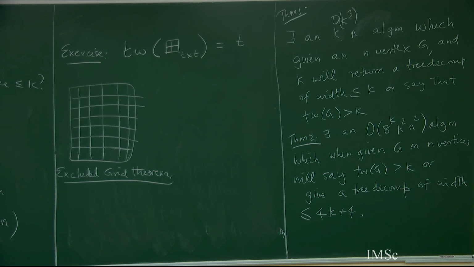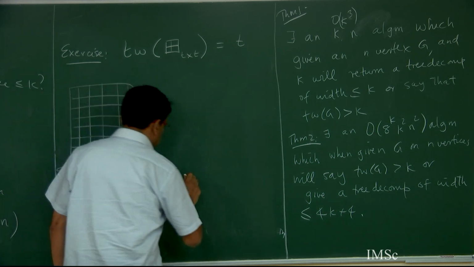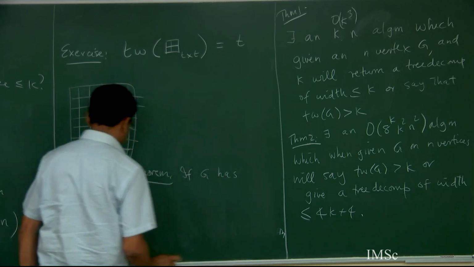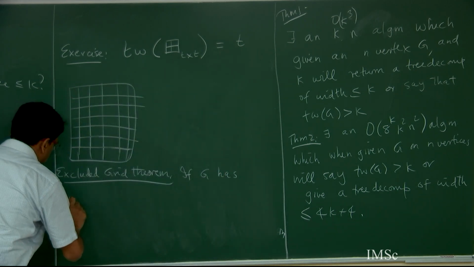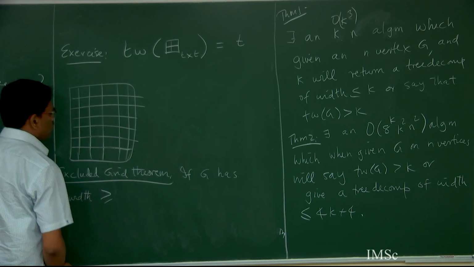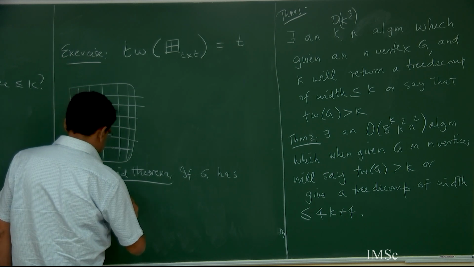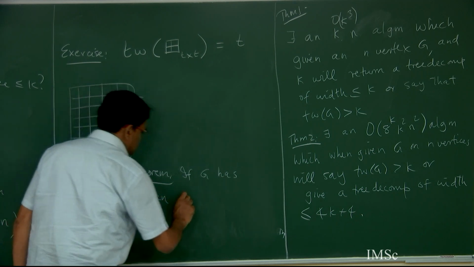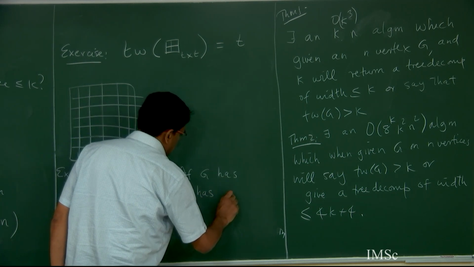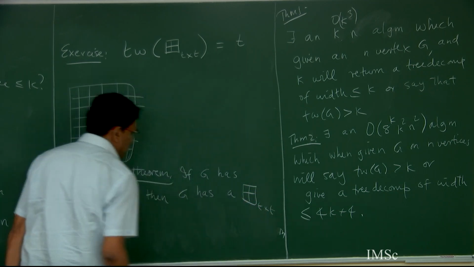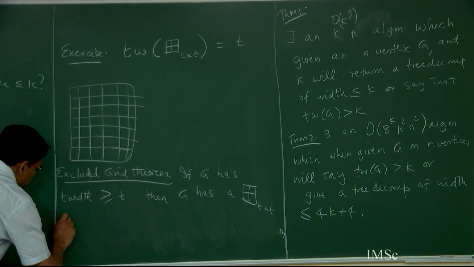So now can we say something like this: if G has treewidth greater than or equal to t, then G has a t by t grid as a subgraph?